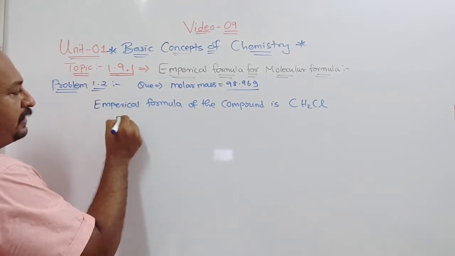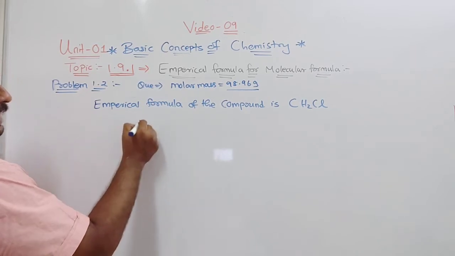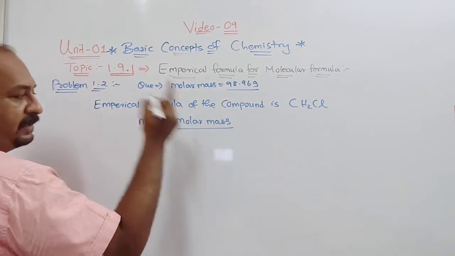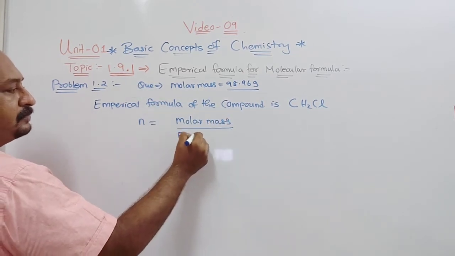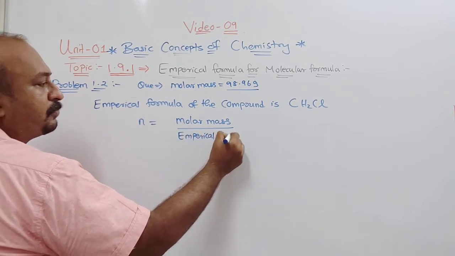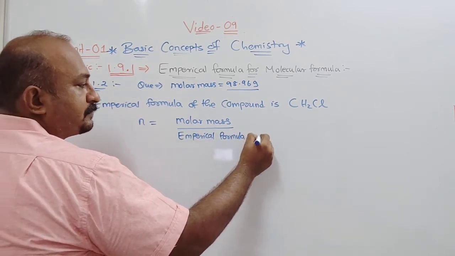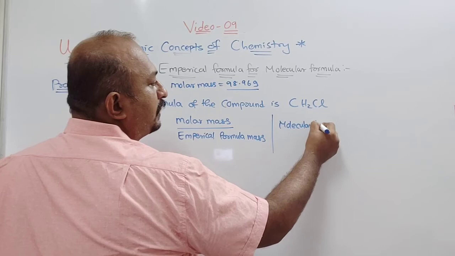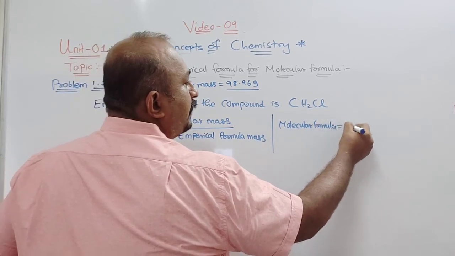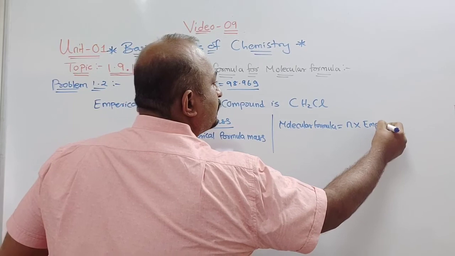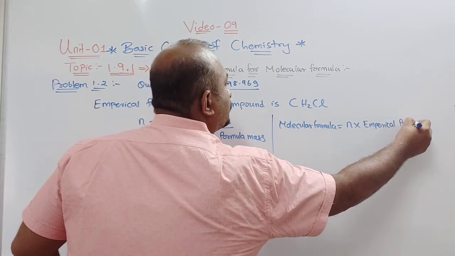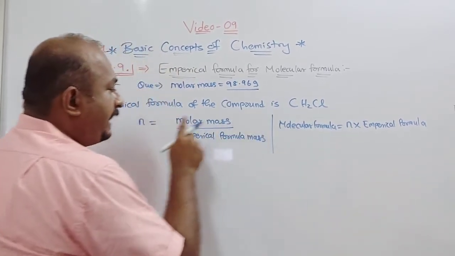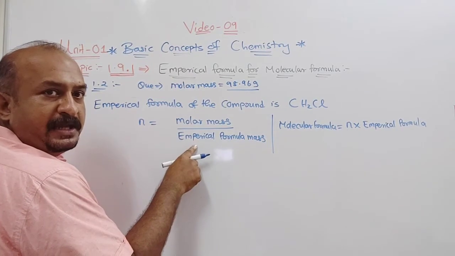So first of all we will write n is equal to molar mass upon empirical formula mass. And molecular formula is equal to n into empirical formula. So for finding the molecular formula we need to find n, and the formula for n is molar mass upon empirical formula mass.